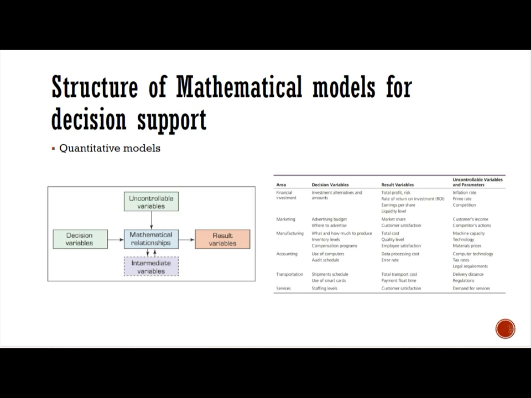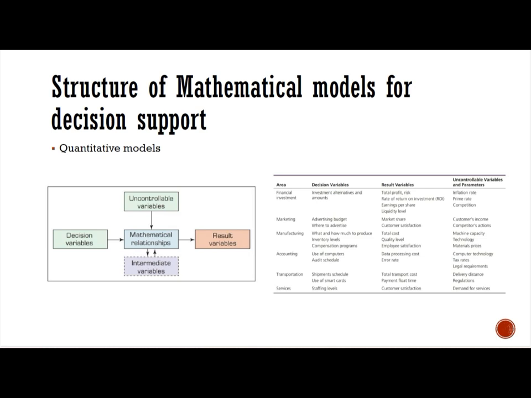Area, financial: we'll use investment, alternative amount; result variables, total profit, rate of return, earnings per share; uncontrollable, inflation rate, prime rate, competition. Marketing: advertising budget, where to advertise; market share, customer satisfaction; customer income, competitors' actions.